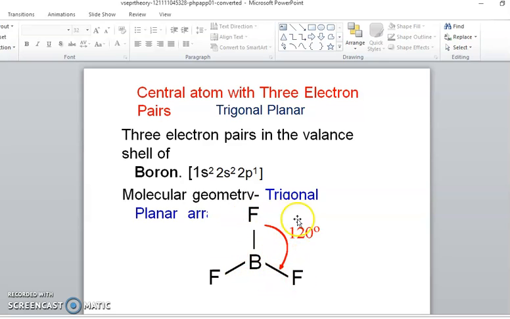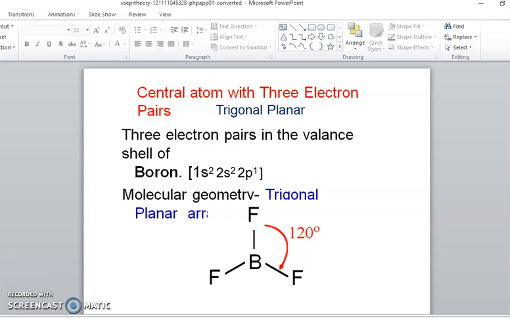In space, they are arranged at 120 degrees, and the geometry is trigonal planar. So all those molecules where there are 3 electron pairs, all bonded pairs, around the central atom have trigonal planar geometry with 120 degrees as the bond angle.